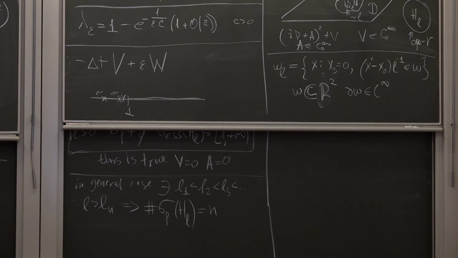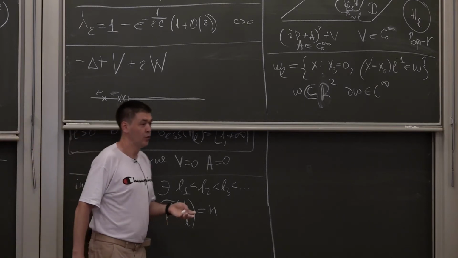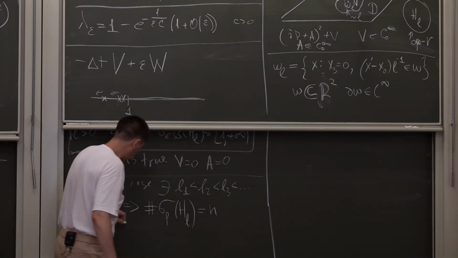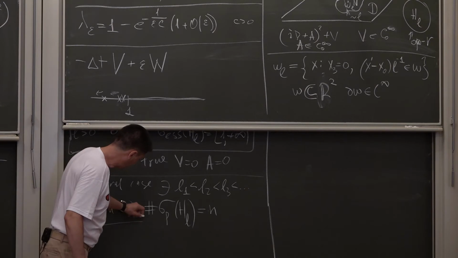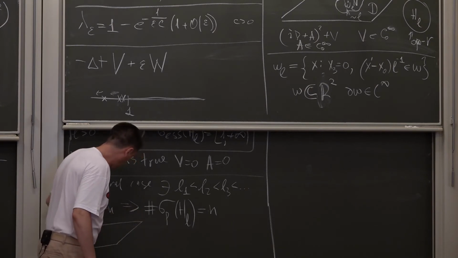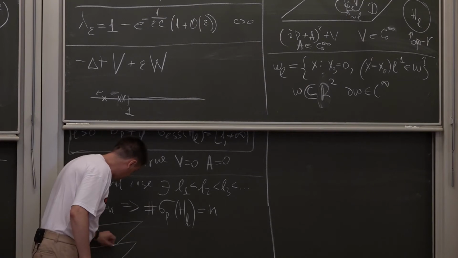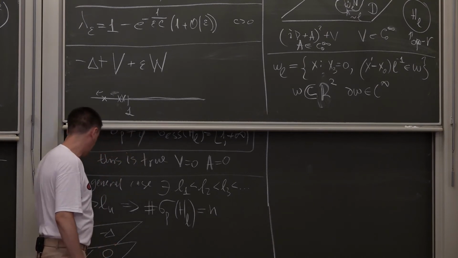We can have even more emergent eigenvalues at once. The simplest case when this is obviously true is if we consider just a Laplacian and our window is just a circle.